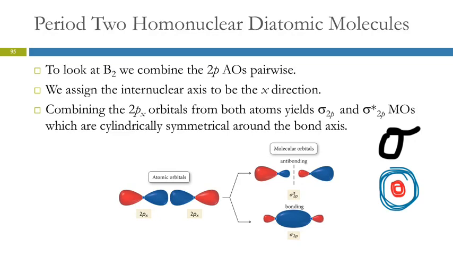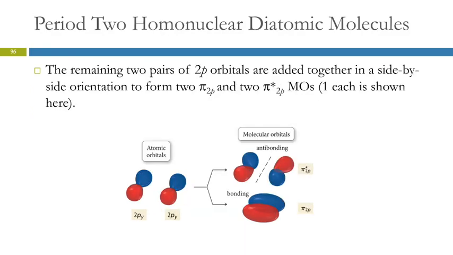And then when that one's full, then you put them in the next higher one, which would be the anti. So here, if you look at this one end-on, what's that going to look like? You're going to have this thing over here, and then you're going to have the red thing over here. It's not a circle anymore, is it?